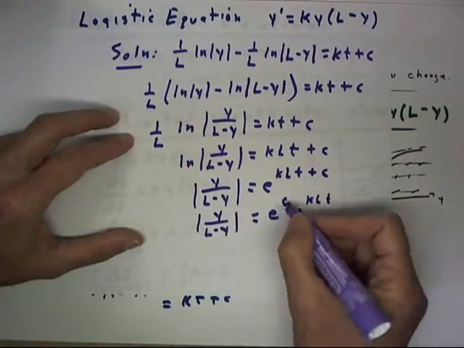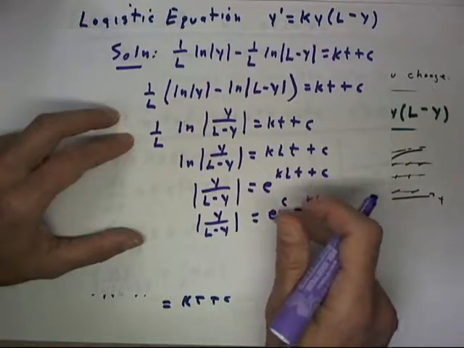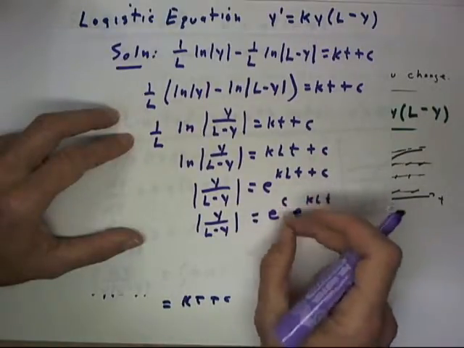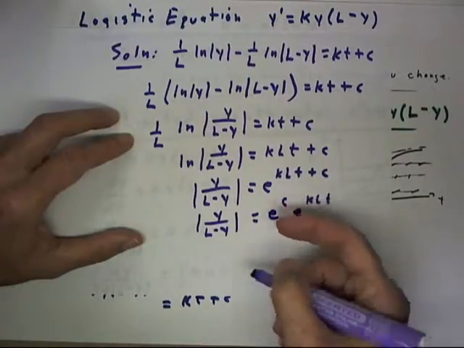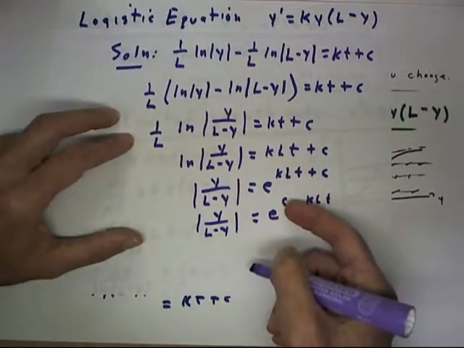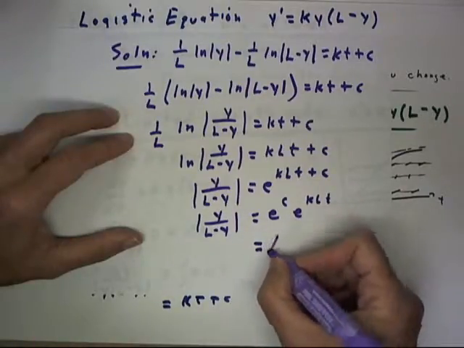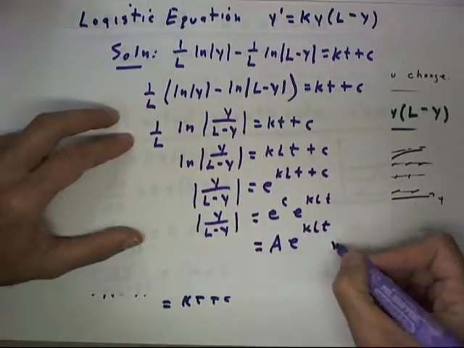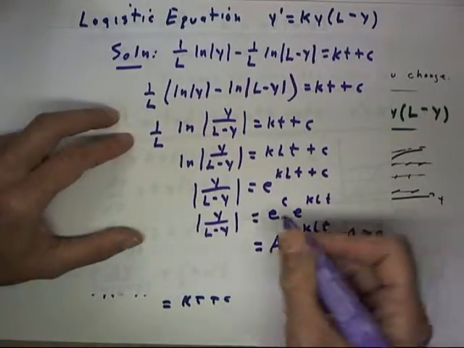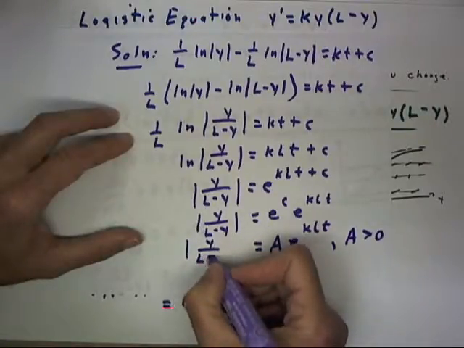And e to the c, c being an arbitrary constant, e to the c being some positive number, which could be as small or as large as we desire, just by letting c be some number between negative infinity and infinity. We get a e to the kLt, where a is greater than 0. Now that's equal to the absolute value of y over L minus y.